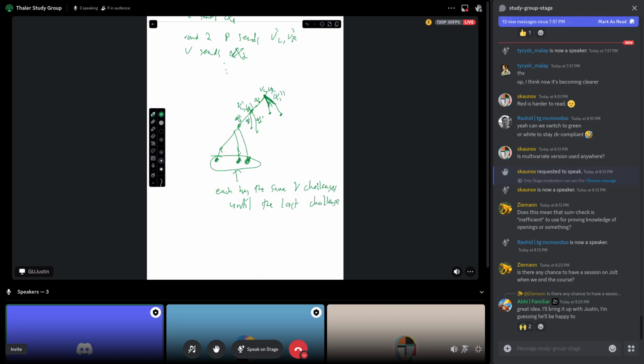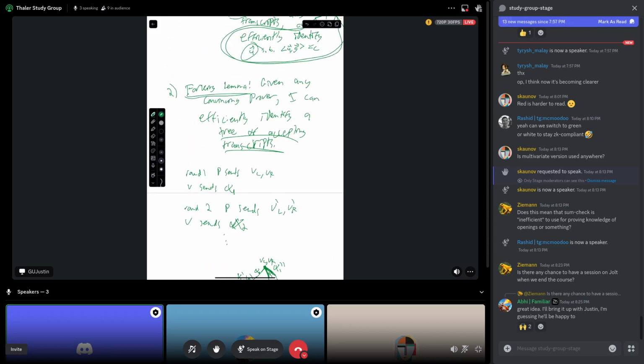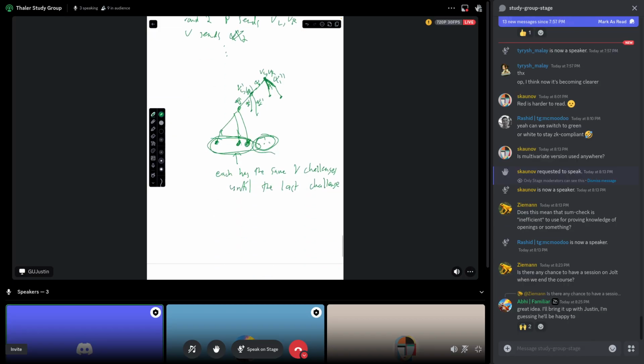If you go to the next 3 leaves, any of these transcripts compared to any of those differ in only the last 2 verifier challenges, and so on and so forth. By figuring out where the lowest common ancestor of 2 leaves is in the tree, you can figure out where they agree and where they split off. That's what forking means, by the way. You think of these transcripts as forking off based on different verifier challenges as you go. Anyway, that's where the terminology comes from.